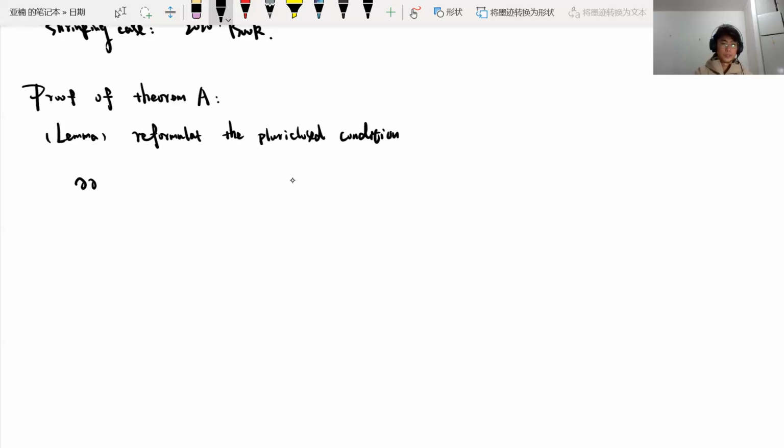It says that if a metric is Chern-flat, then we can rewrite it using the Chern curvature. It changes the subscripts.